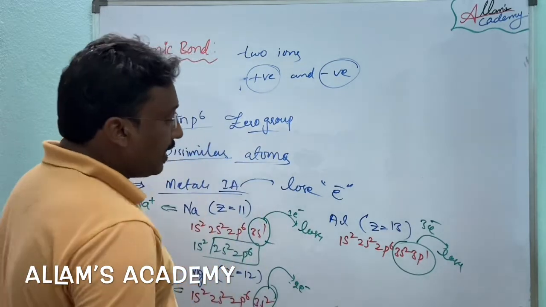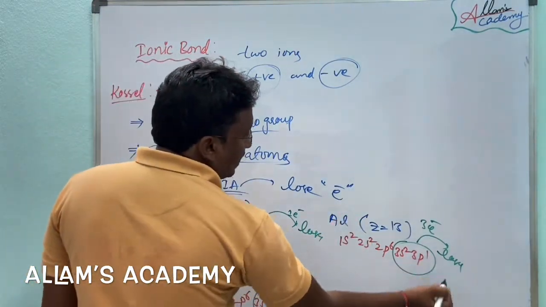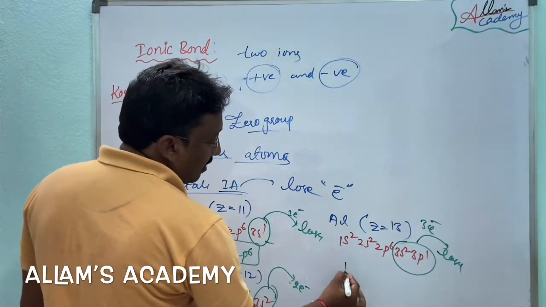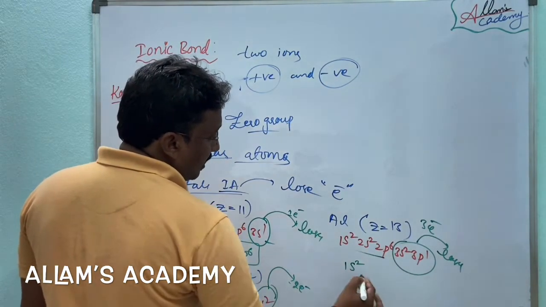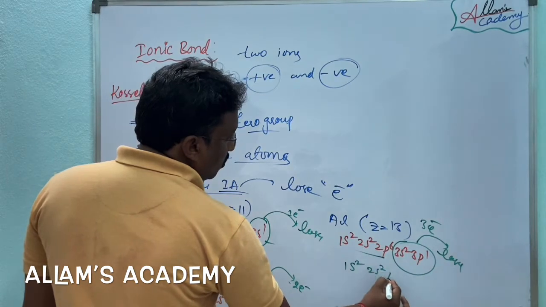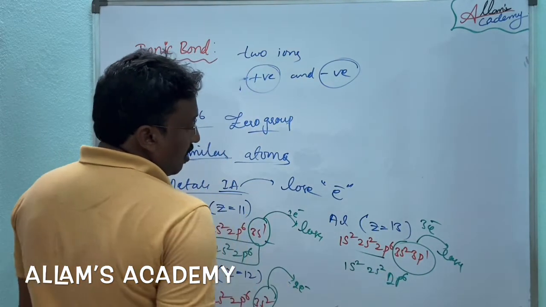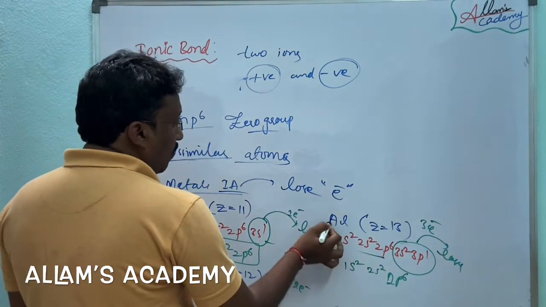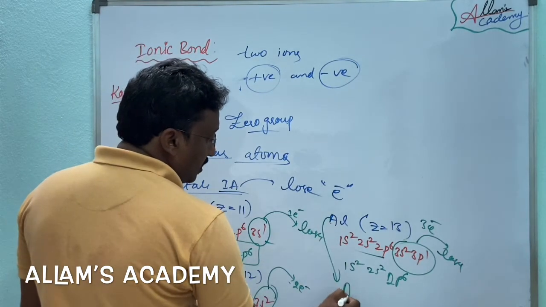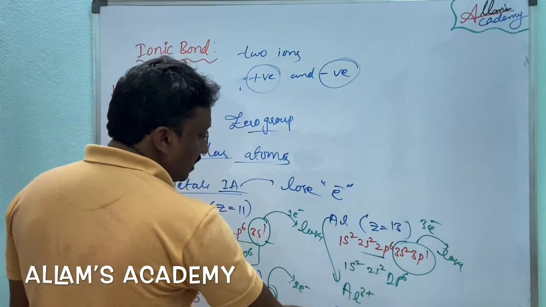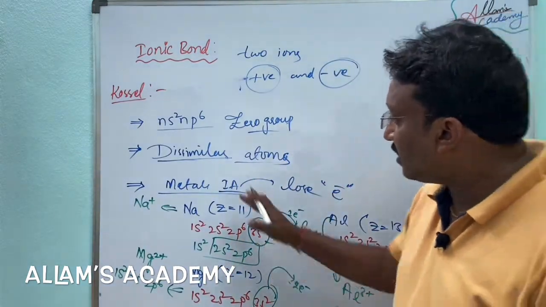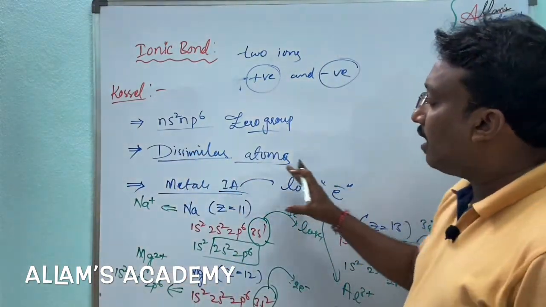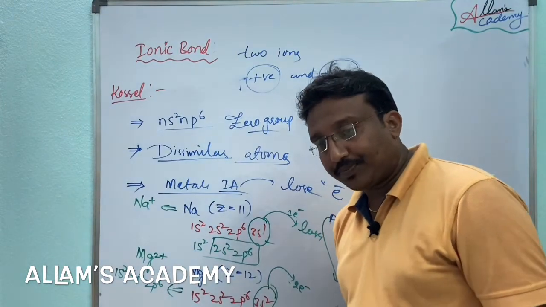Finally, by losing the 3 electrons, aluminum gains the stable electronic configuration 1s2, 2s2, 2p6. That means this aluminum becomes a tripositive ion.